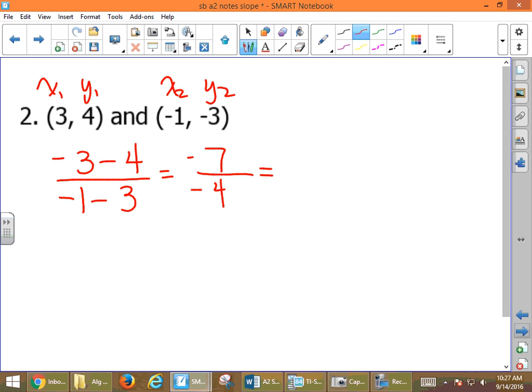What happens when we have negative 7 divided by negative 4? Matthew? They can both be negative, but what's negative divided by negative? Positive. And we'll go on.